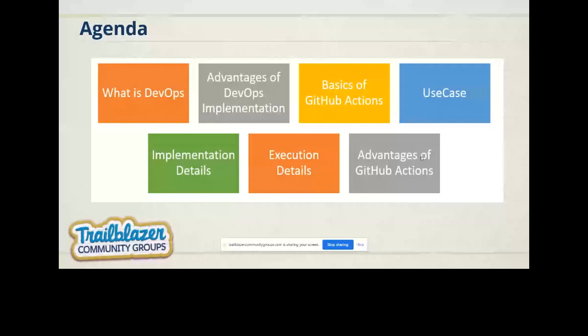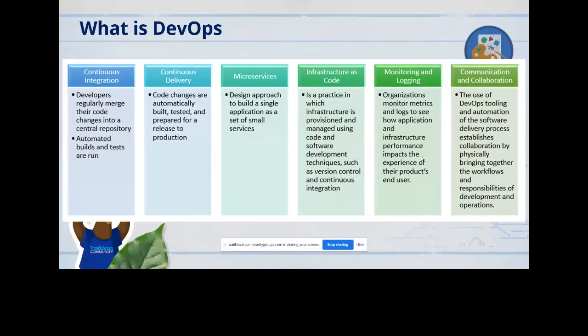So what is DevOps? I hope you all are using some kind of tool to implement DevOps. You might not be part of the actual DevOps implementation, but at least in your project, you will be using DevOps for all your deployment and continuous integration and continuous delivery purposes.